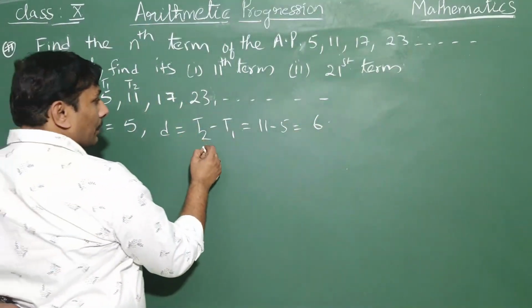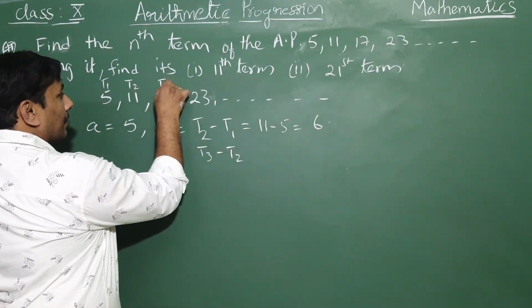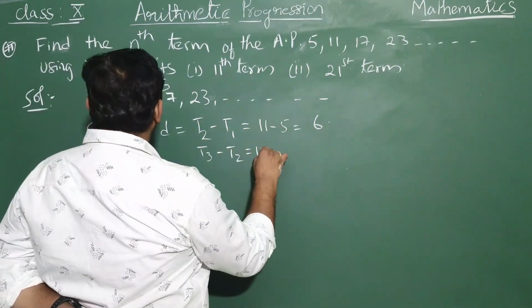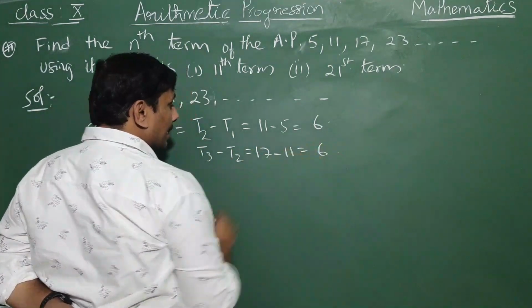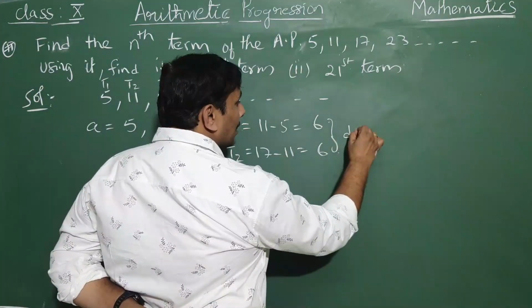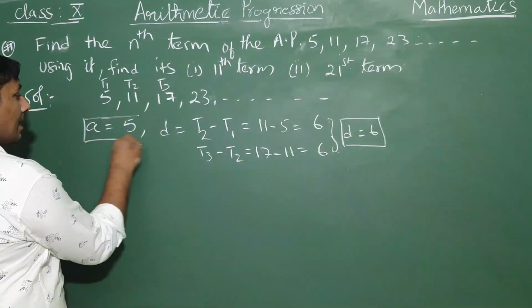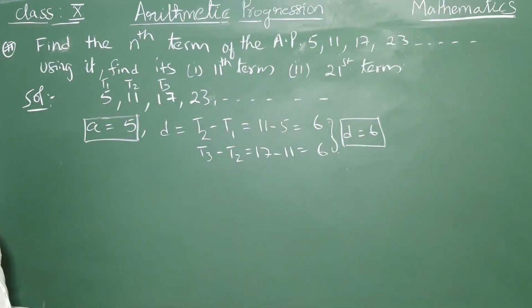Let us check whether this is correct or not. T3 minus T2, T3 is 17, so 17 minus 11, which is nothing but 6. So therefore we got the D value as 6. We got A as 5 and D as 6.